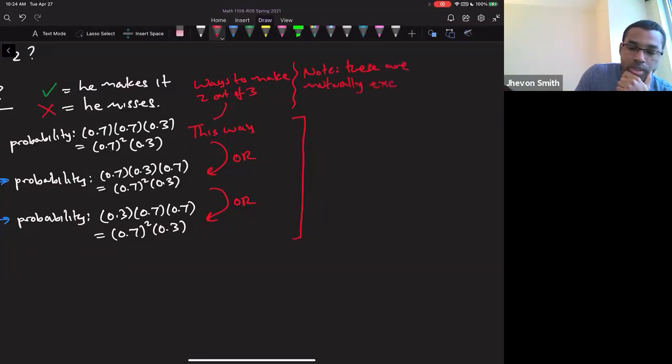He can't do both of these scenarios at the same time, right? So he can't make the first and the second and at the same time make the first and the third. That would mean he made all 3, right? So they're mutually exclusive. And what that means then, we can add the probabilities.